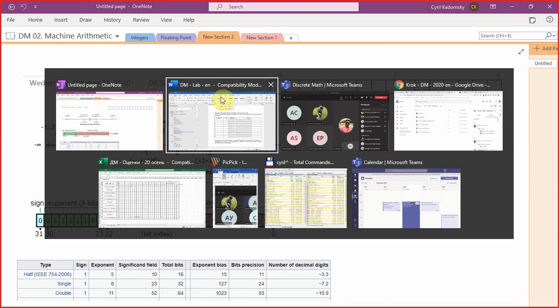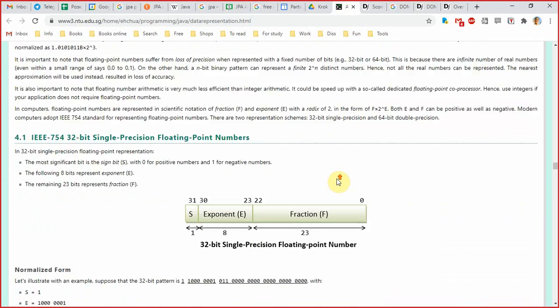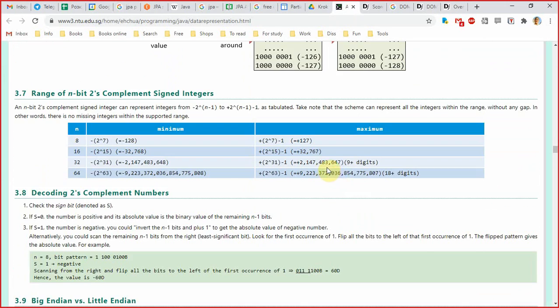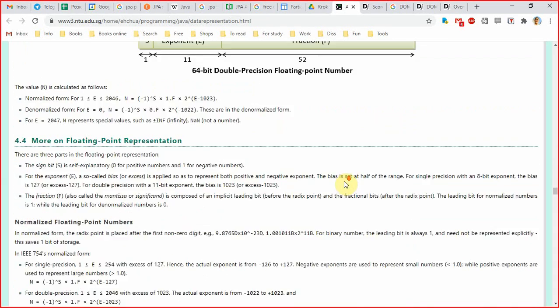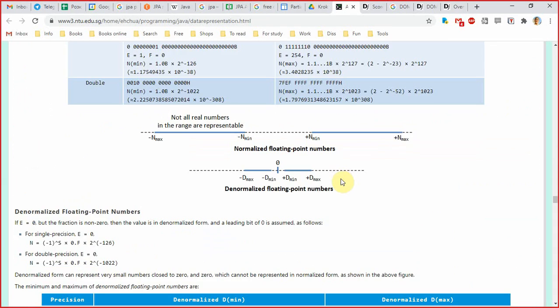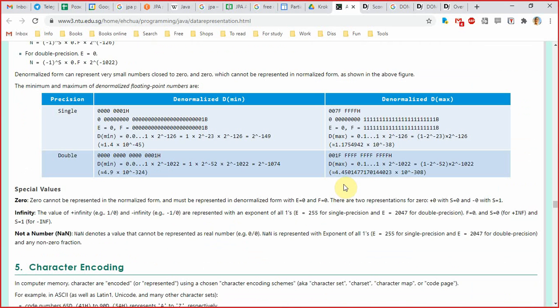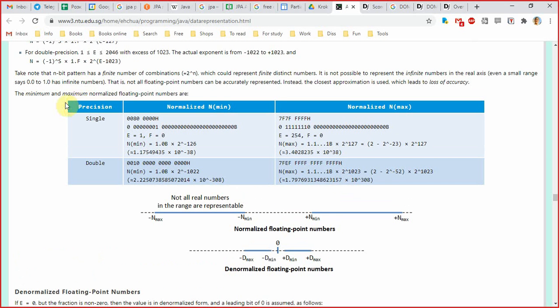We need one about floating point. Let's find it somewhere. Here it is, for example. This one will be fine.